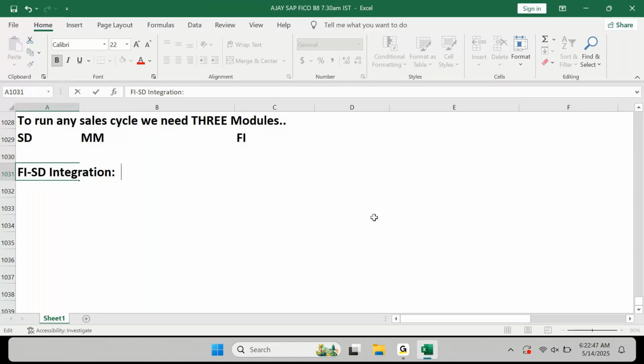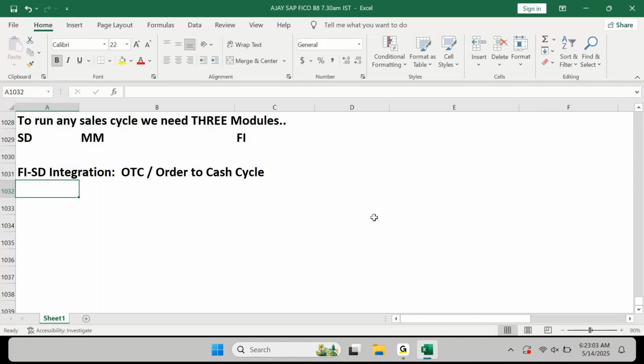Sales cycle is what? Order to cash cycle, O2C or OTC. From customer order until customer cash collection, whatever is happening, everything is part of your SD integration or O2C cycle. Okay.